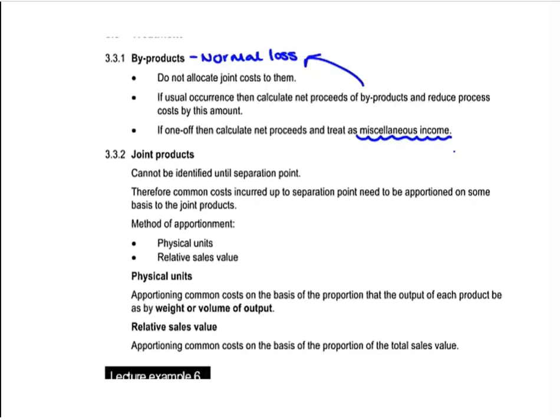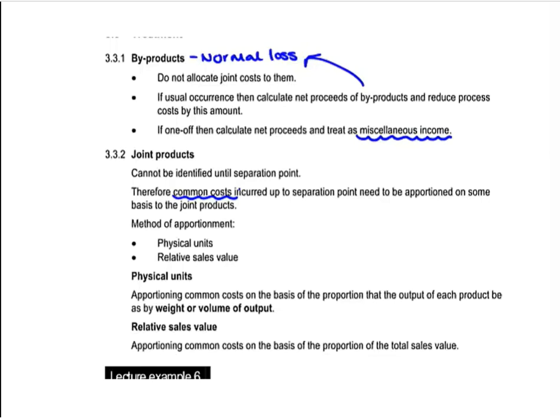With our joint products then, we can't identify them until the separation point, so all of the common costs incurred, so those costs in the process account, will need to be apportioned in some way between the products. And we might use physical units.